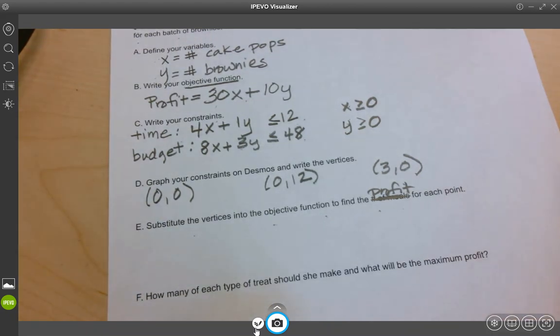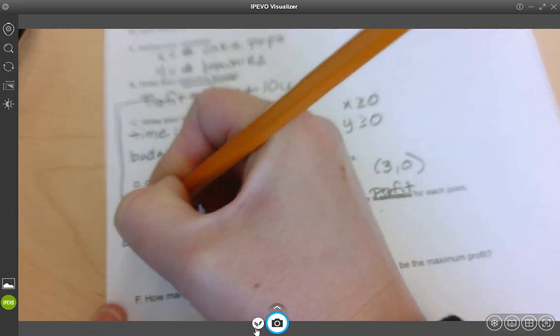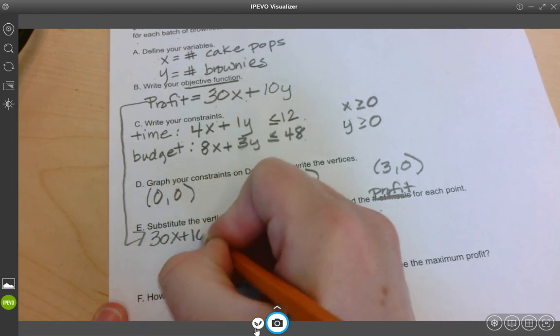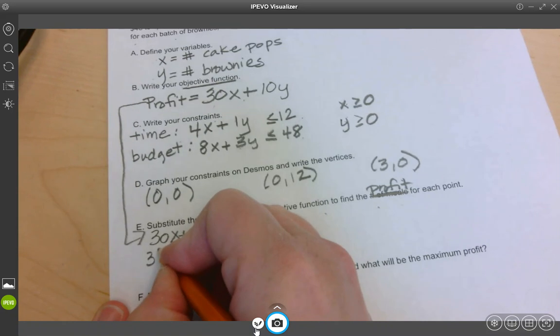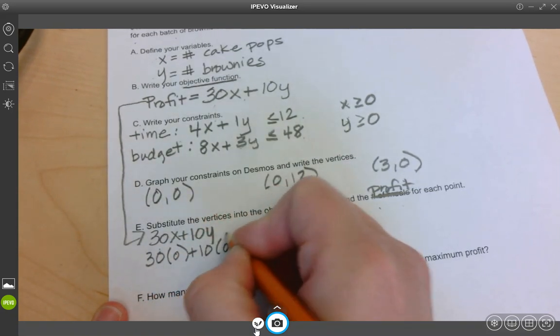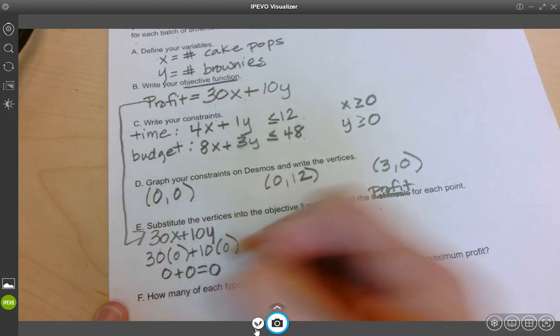So our objective function is right here in part B. So I'm going to write 30x plus 10y, and then I'm going to substitute my point in. I told you that 0, 0 was not going to be the answer, and you can see that's absolutely right, because I get a profit of 0 plus 0, which is 0.